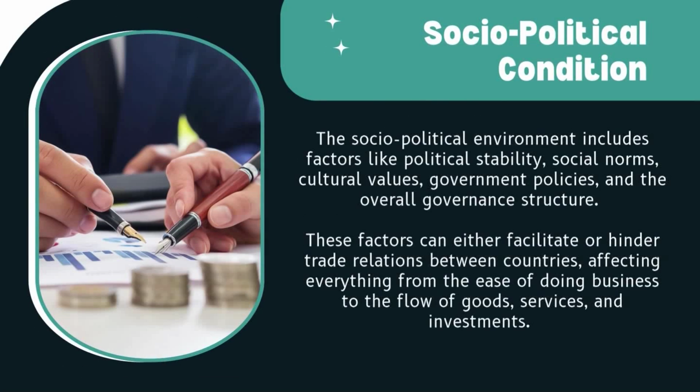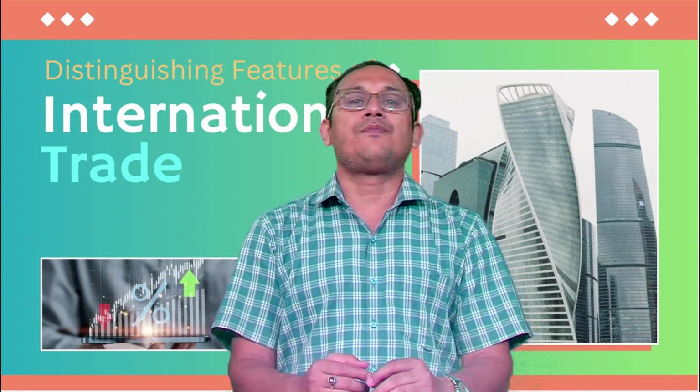The socio-political condition includes factors like political instability, social norms, cultural values, government policies, and overall economic structure. So these factors can either facilitate or hinder trade relations between countries, affecting everything from the ease of doing business to the flow of goods, services, and investment. So that is why we need to understand the impact of socio-political condition on international trade.